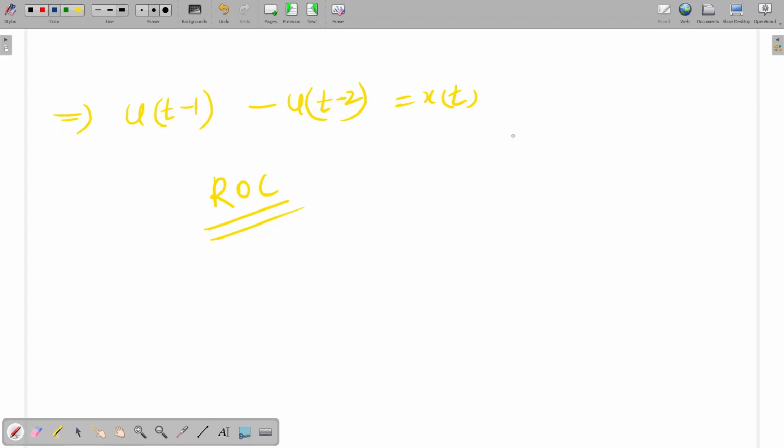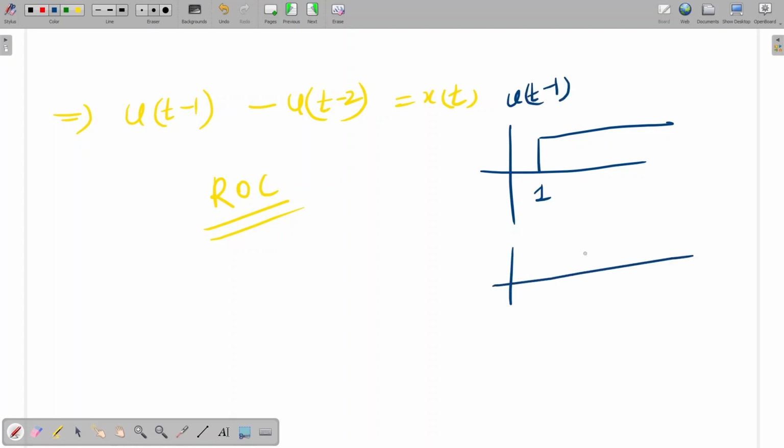First we can draw this waveform. u of t minus 1 will come from 1 to infinity. And u of t minus 2 will come from 2 to infinity. And u of t minus 1 minus u of t minus 2 will come from 1 to 2.